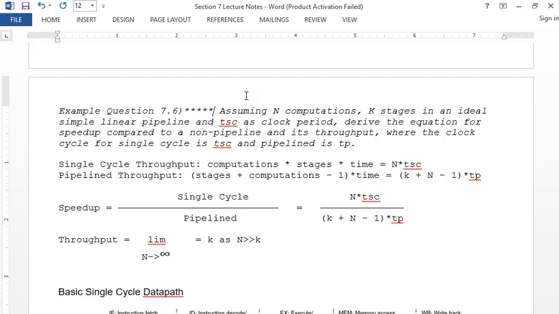And we showed you that single cycle ended up being 8 nanoseconds in the example because it went to the whole length of the load word, so times the number of instructions. For pipeline throughput, it's stages: we have 5 stages plus computations minus 1 times time, which is k plus n minus 1 times T of P. Now here is what I mean by that.